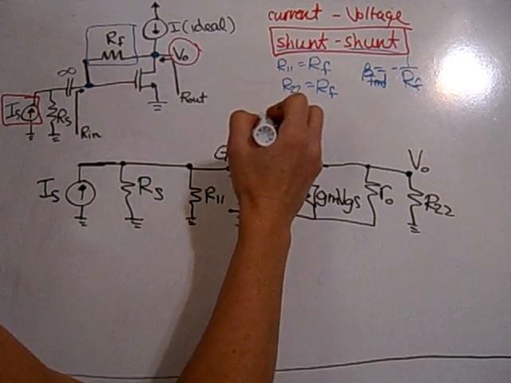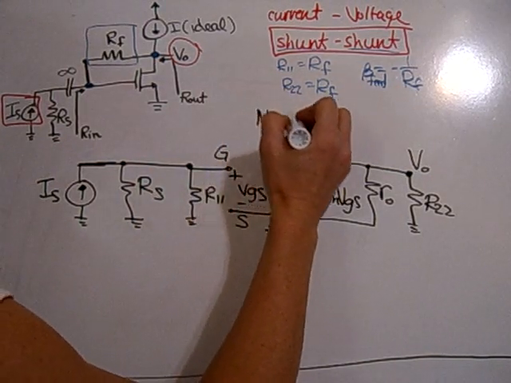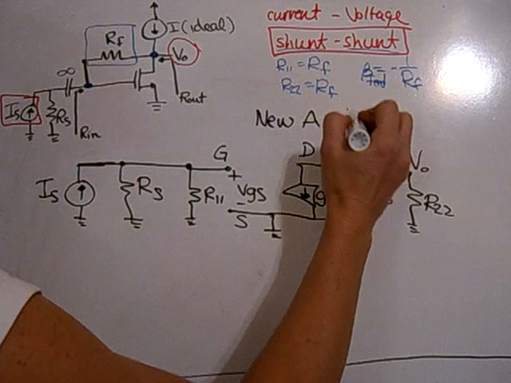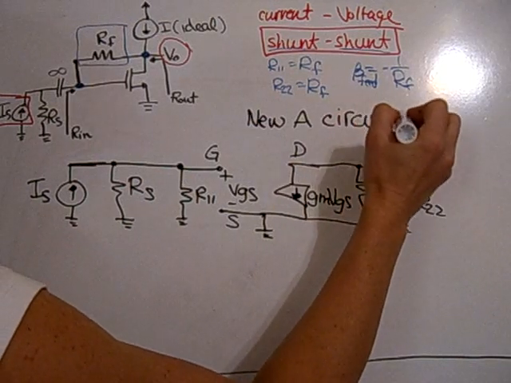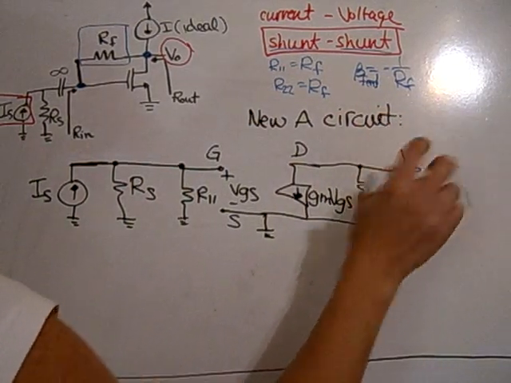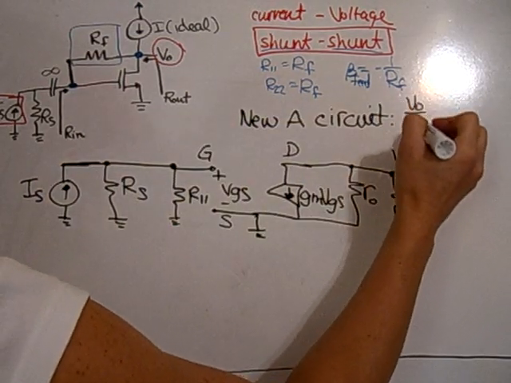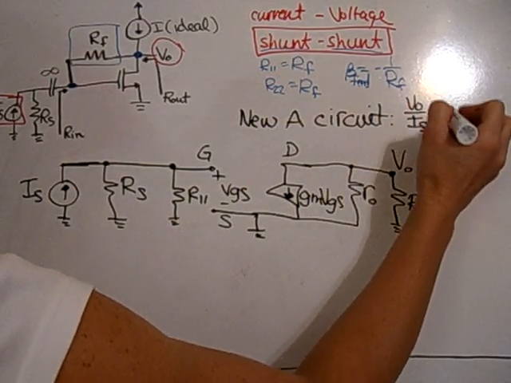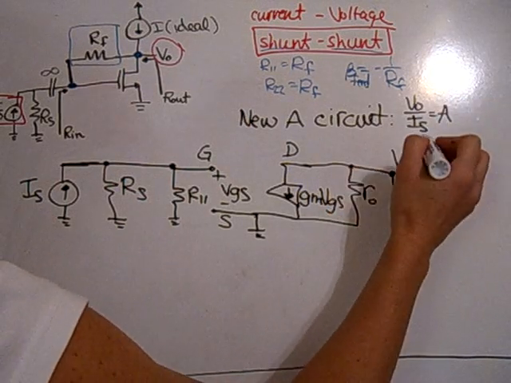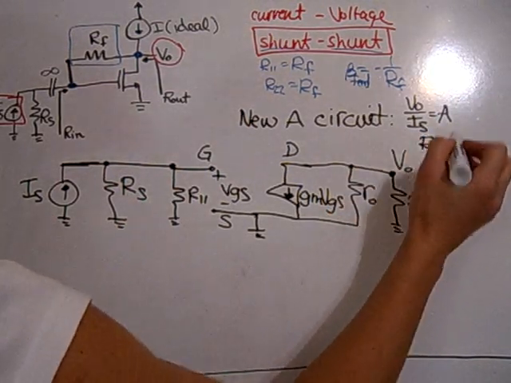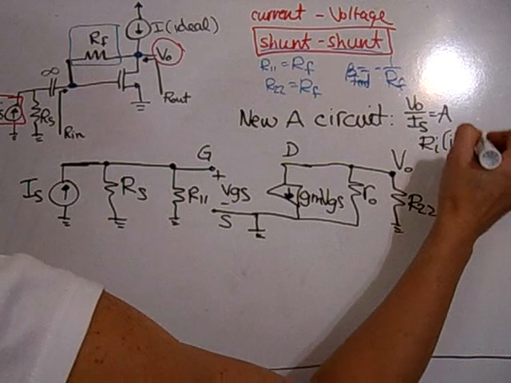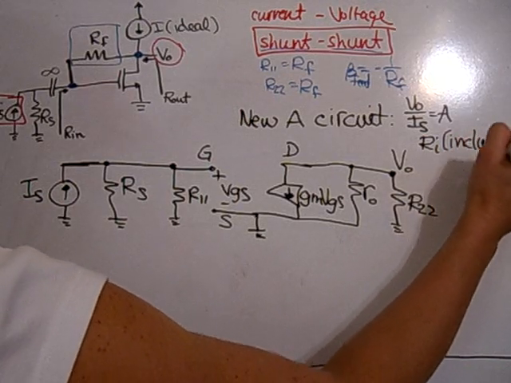So this is my new A circuit. I want to gather three pieces of information. I want to know the gain, which is going to be V0 over IS, which will be my A value, the open loop gain value A. I want to know RI, which will include RS.